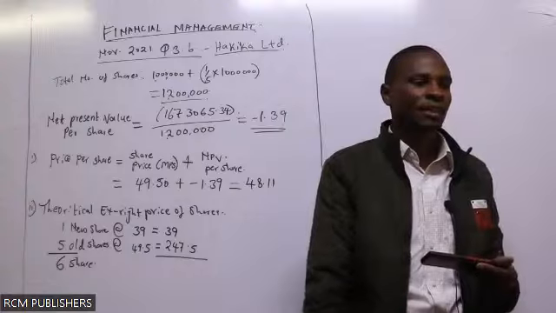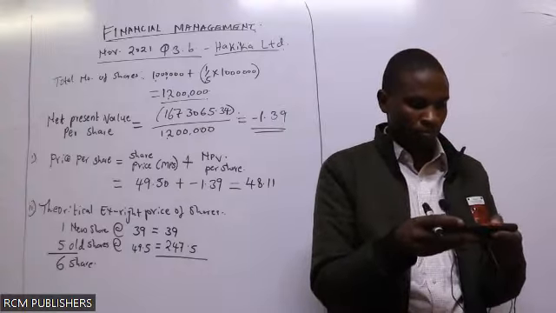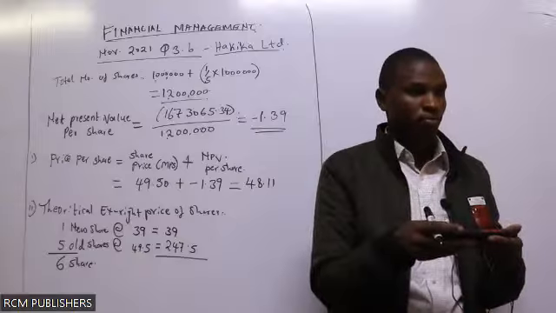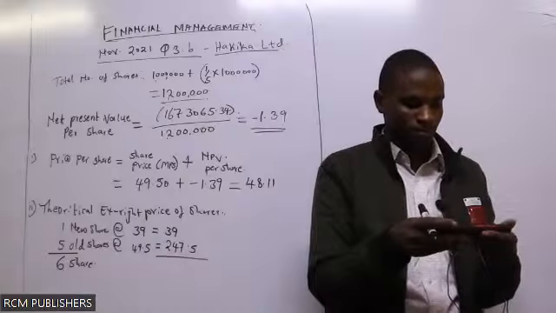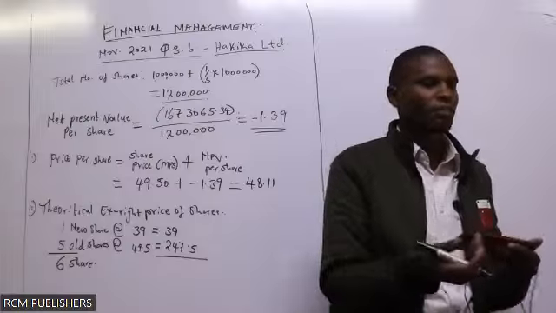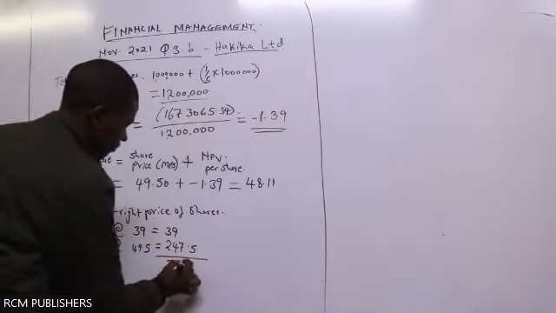How much are we getting? 39 plus 247.5 is 286.5.